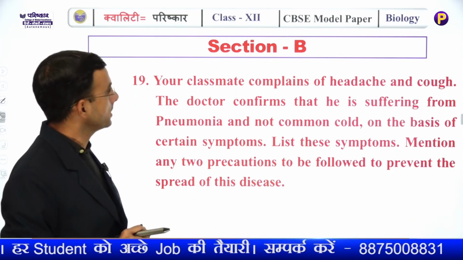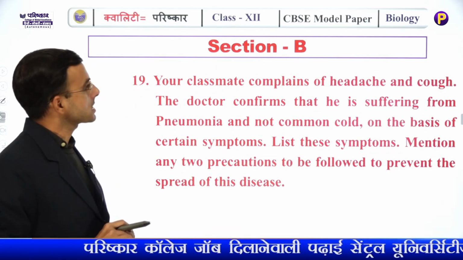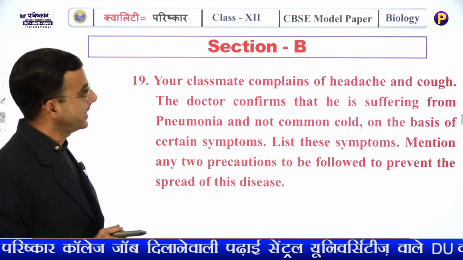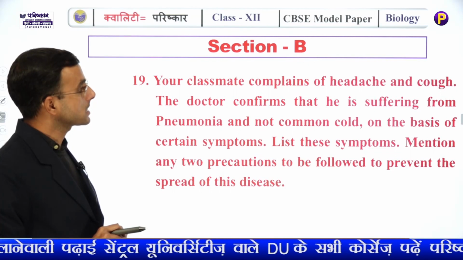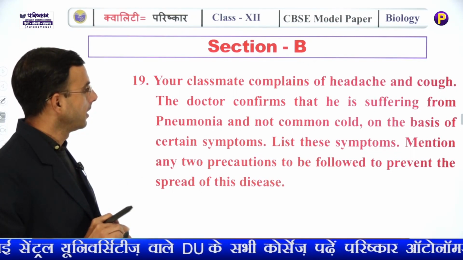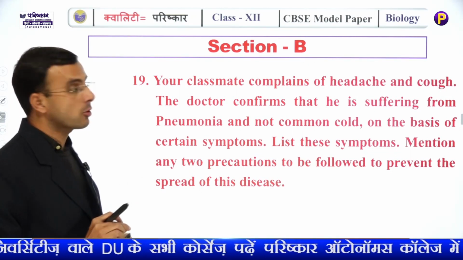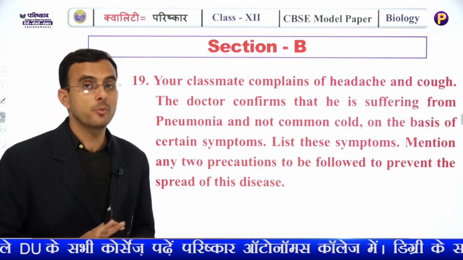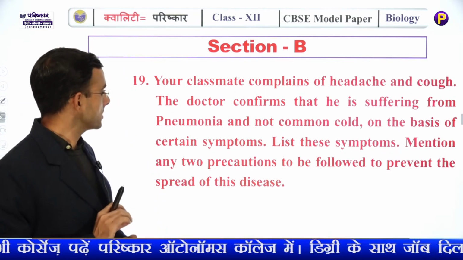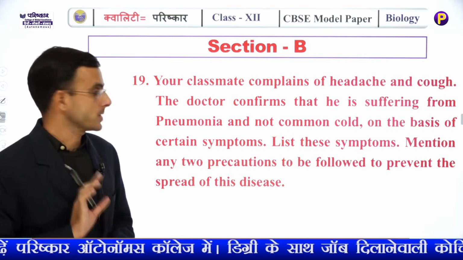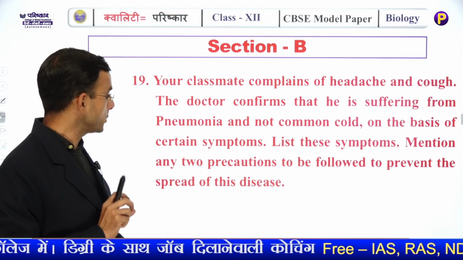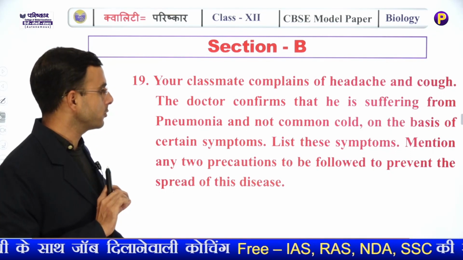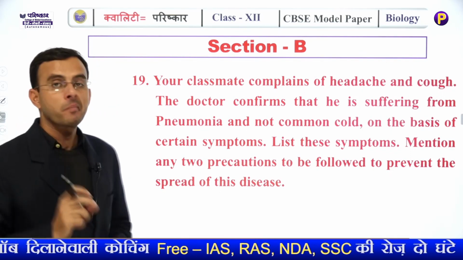Now, the 19th question: your classmate complains of headache and cough. The doctor confirms that he is suffering from pneumonia and not common cold. So there are differences between pneumonia and common cold. On the basis of certain symptoms, list these symptoms, and mention any 2 precautions to follow to prevent the spread of this disease.